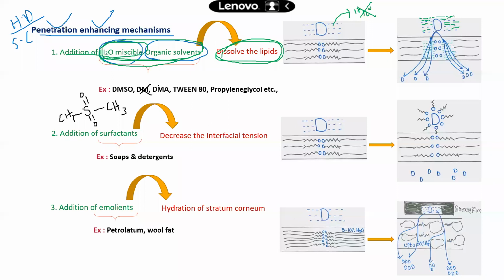Okay, dimethyl acetamide. This is the acetyl, amino acetyl. This is the dimethyl acetamide. Next, dimethyl, here you can place the F. F means dimethyl formamide.